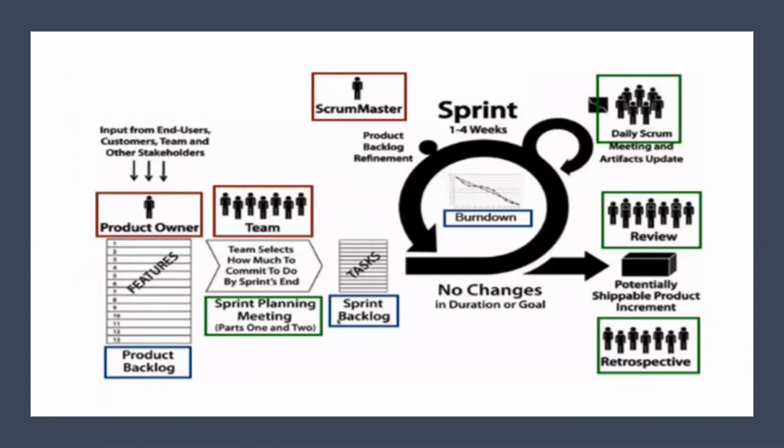A sprint refers to the fixed period of time in which the team commits to work on developing the product. The length of the sprint is decided by the team and the product owner. Working at a sustainable pace is important to avoid burnout. So before each sprint, the team selects what it will commit to deliver by the end of the sprint.